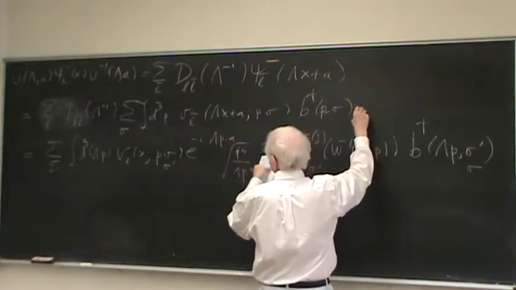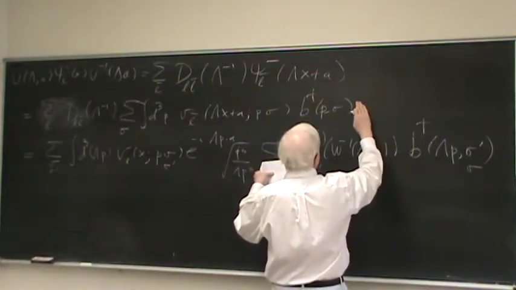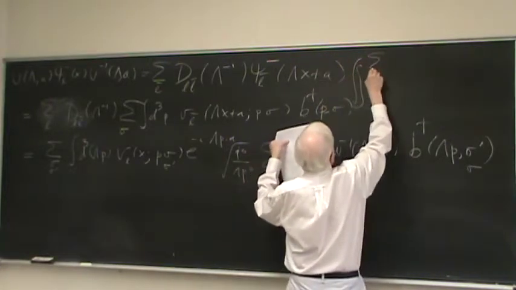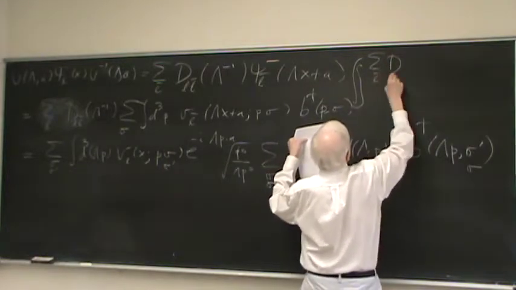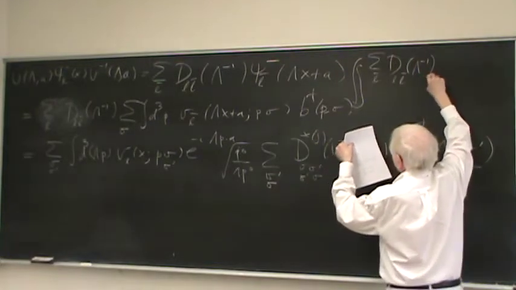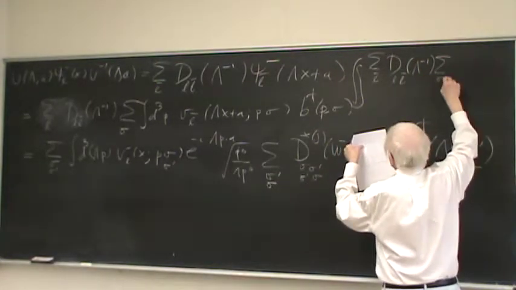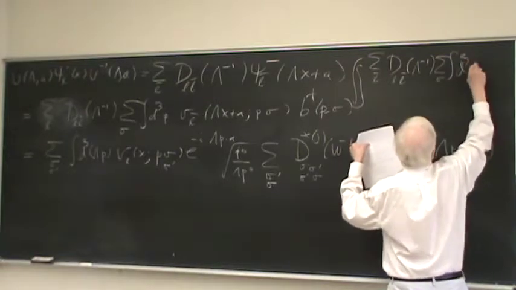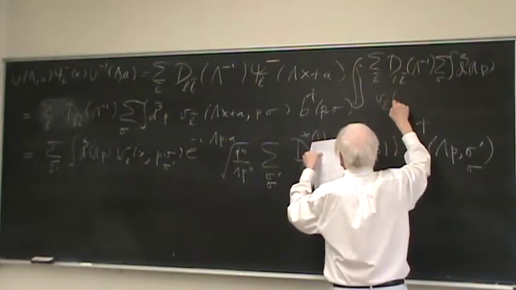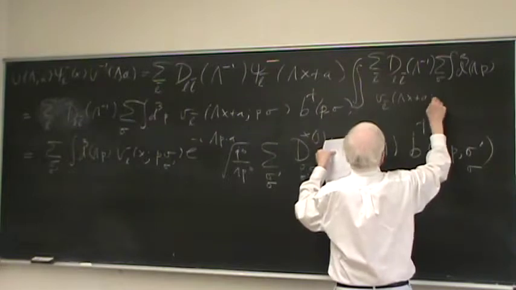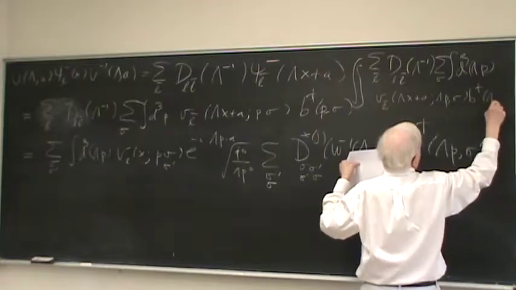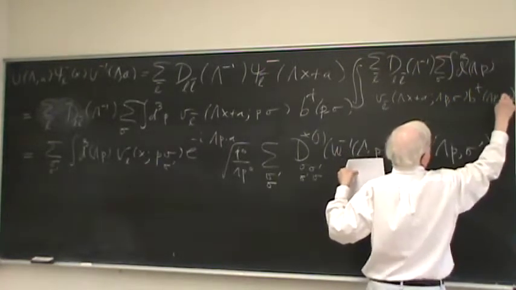And so this thing then is a sum lambda bar d, lambda bar of lambda inverse, some sigma integral d^3 lambda p, v lambda bar of lambda x plus a, lambda p sigma, b dagger of lambda p and sigma.